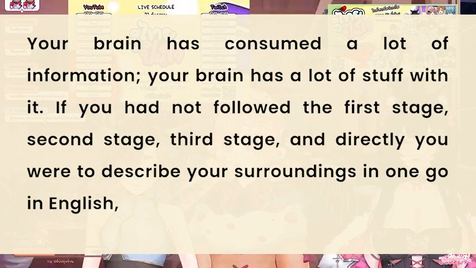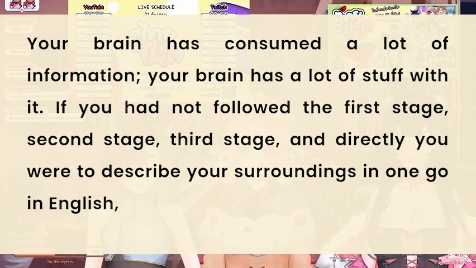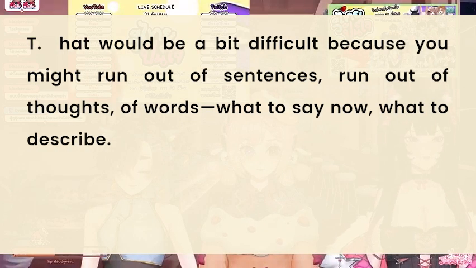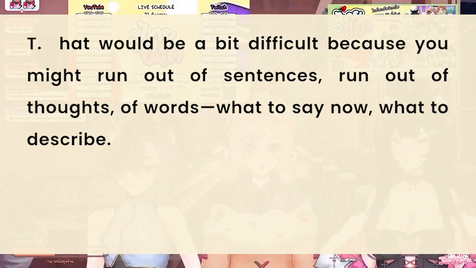Your brain has consumed a lot of information. Your brain has a lot of stuff with it. If you had not followed the first stage, second stage, third stage, and directly you were to describe your surroundings in one go in English, that would be a bit difficult because you might run out of sentences, run out of thoughts, of words.